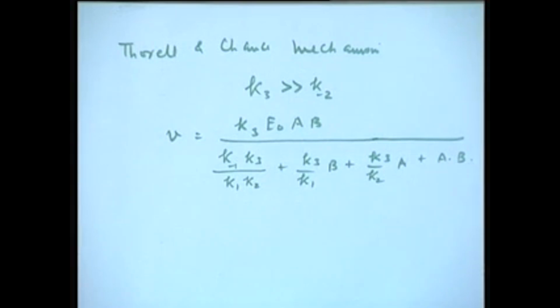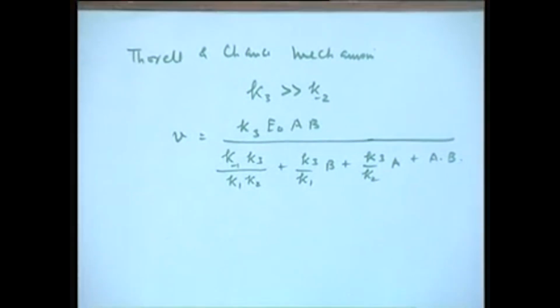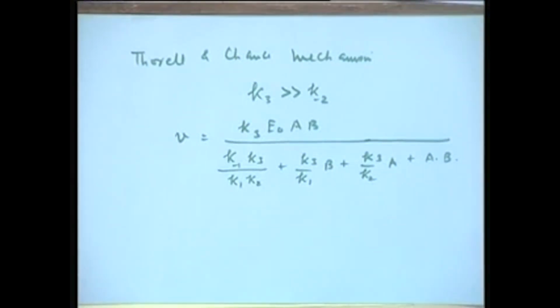Both types of ternary complex formation follow the same pattern, and you will notice that when we talk about binary complex formation, the case of the ping pong mechanism, the pattern will change, and that will clearly indicate the existence of a different mechanism.